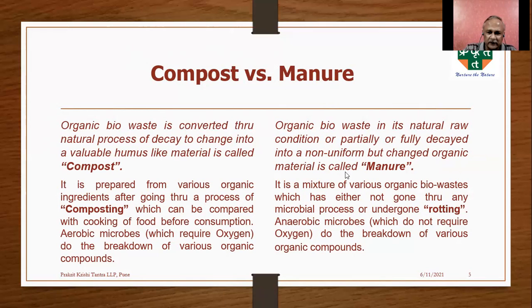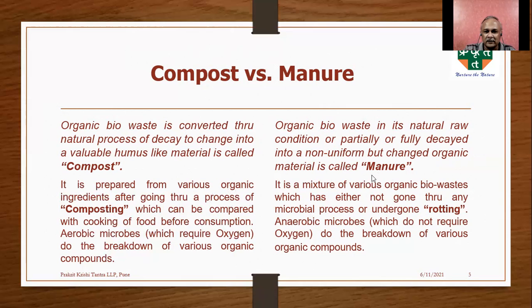Okay. Now, further, there is an explanation. The compost is prepared from various organic ingredients after going through a process of composting, which can be compared with the cooking of food before consumption. Aerobic microbes, which require oxygen, do the breakdown of various organic compounds in the process of composting.